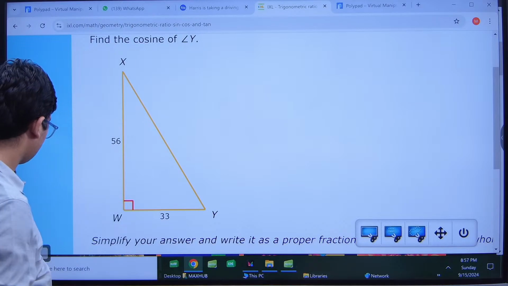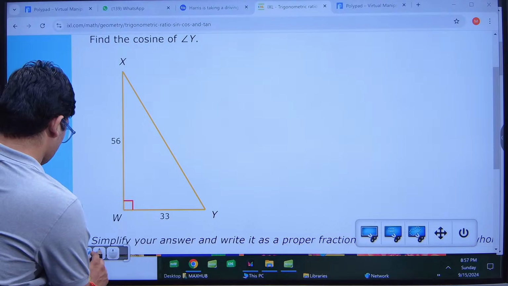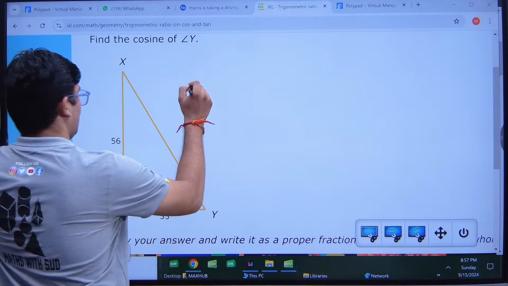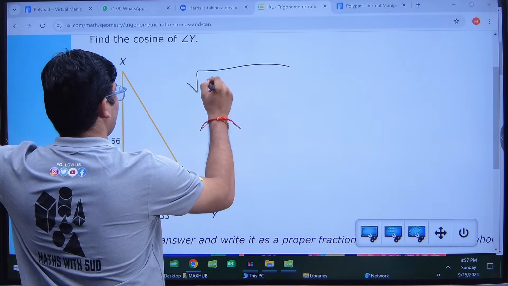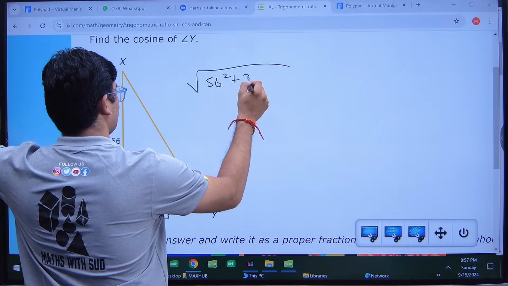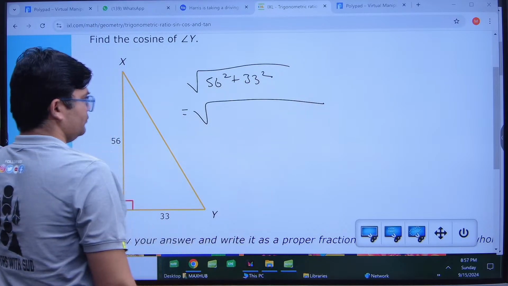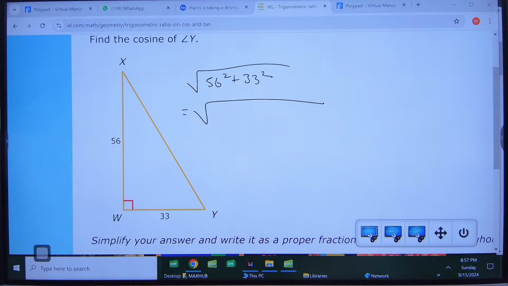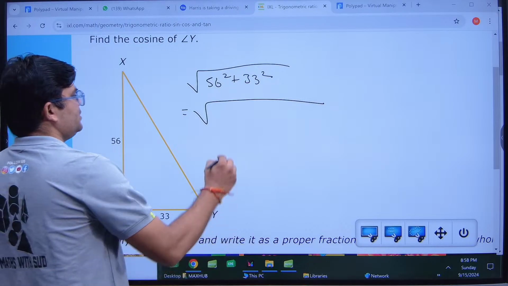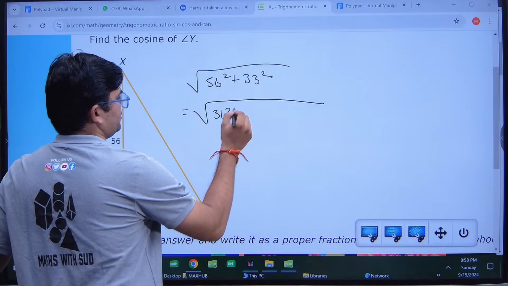So the formula is h squared equals p squared plus b squared, no? So under root of 56 square plus 33 square you have to find. 56 square is 3136.